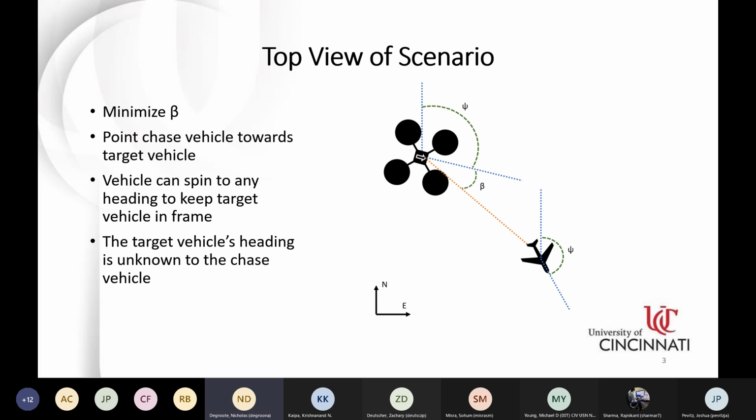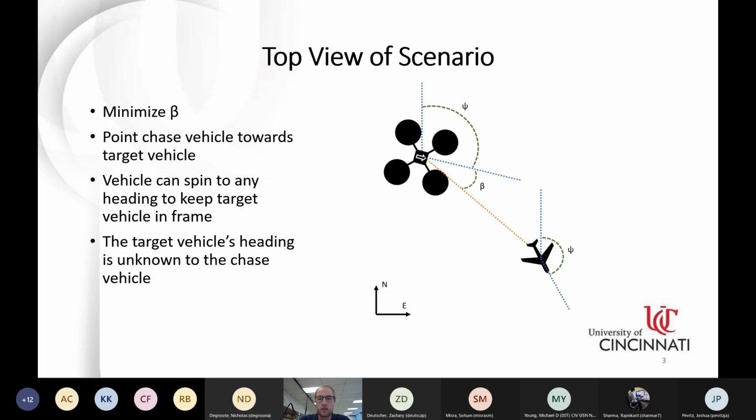Awesome. Okay, so let's describe in pictures what you just heard in words. You can see this diagram of our scenario with the quadrotor being the chase vehicle and the fixed wing aircraft being the target. We have the heading psi as the state of the quadrotor, and our relative azimuth angle is beta.